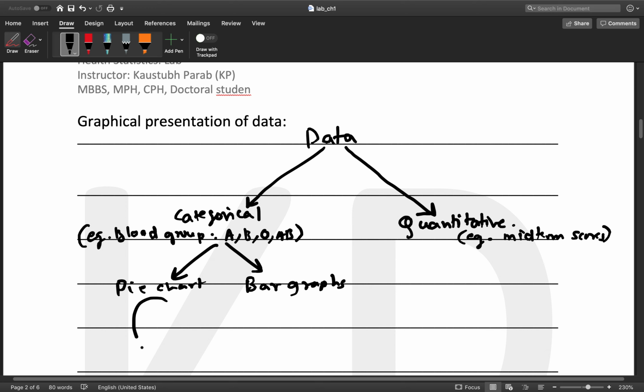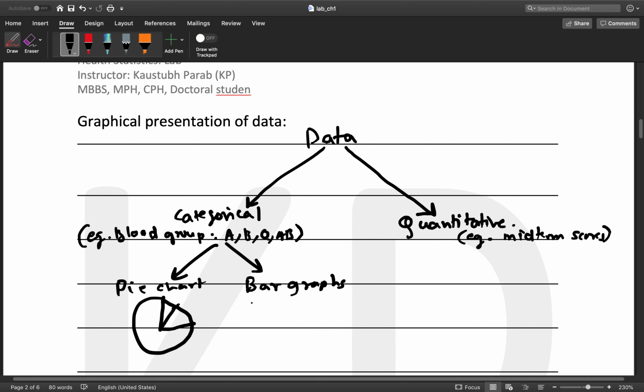You create a pie and then you represent each portion of that pie with a category. Now, the limitation of pie chart is that you need to have all of these together constituting one categorical variable. So it can be created only for one categorical variable.